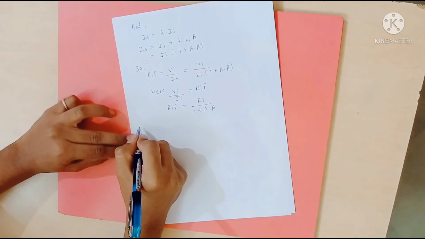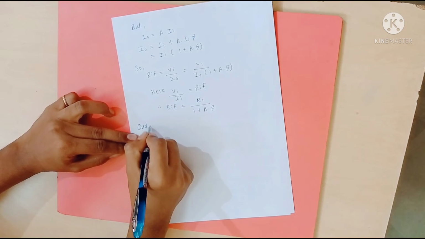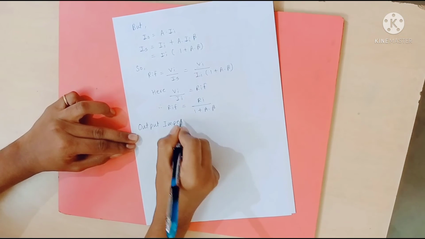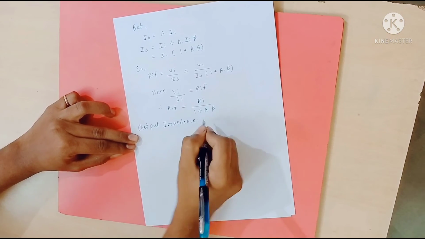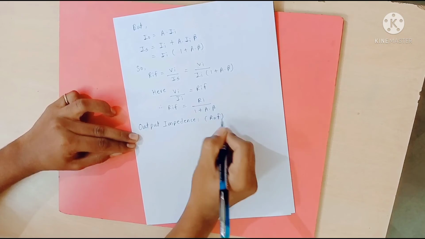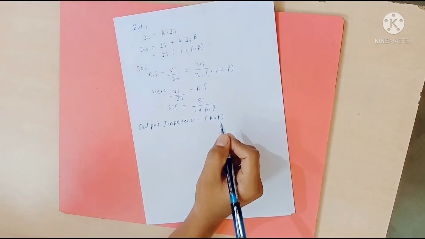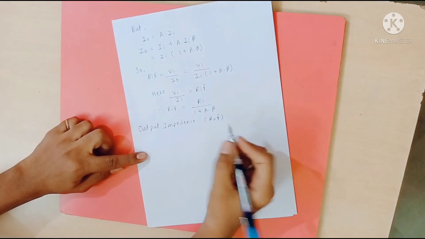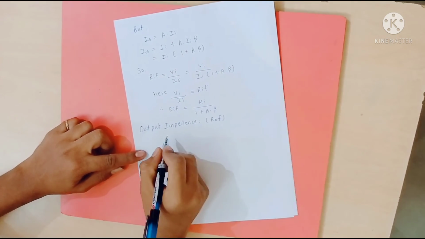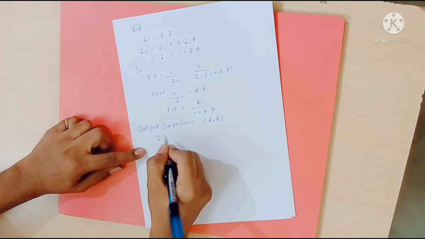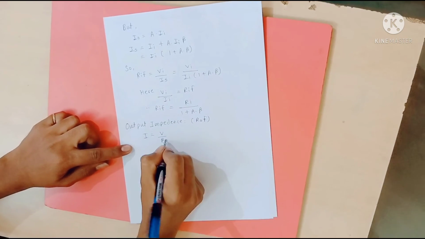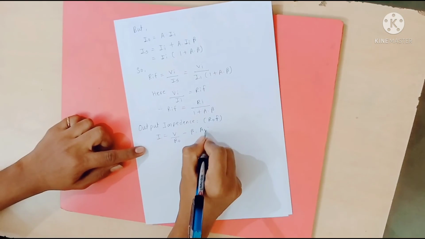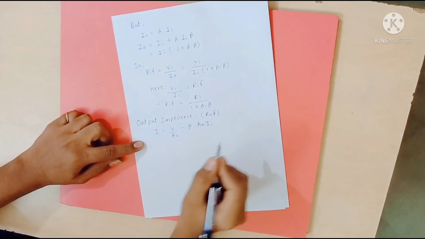Now we have to calculate the output impedance. Here output impedance is ROF. So here current I due to applied voltage V, we get I equal to V upon R0 minus beta into AV into II.